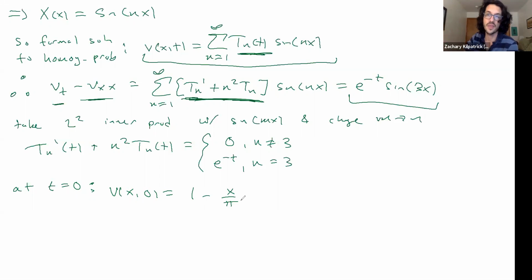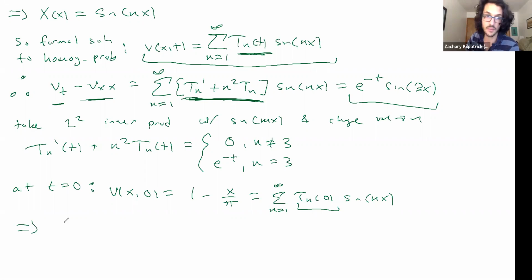Everything has to be filtered through these eigenfunctions, so I have to get the eigenfunction part of all of these things. That is how I get my initial conditions: my initial condition in V is going to be an expansion in my eigenfunctions. It's not hard to peel these off. Again, you just use the orthogonality of sine of nx.